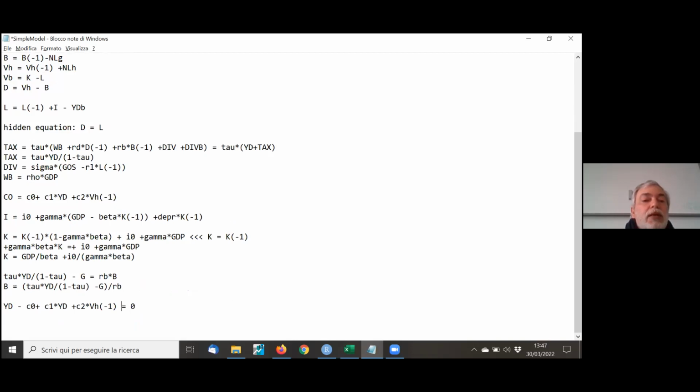And again, dropping the -1 to look at the steady state, this becomes similar to what we have in model sim. So 1 minus C1, this is going to be a minus.